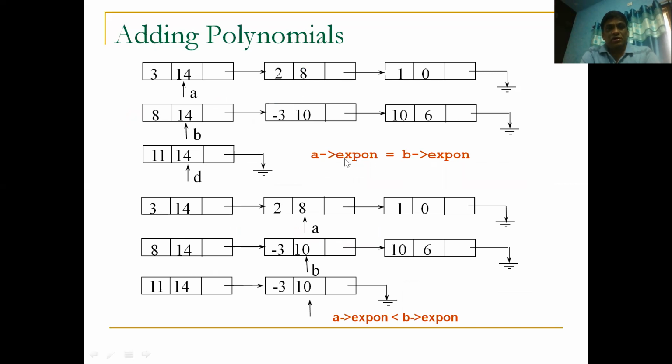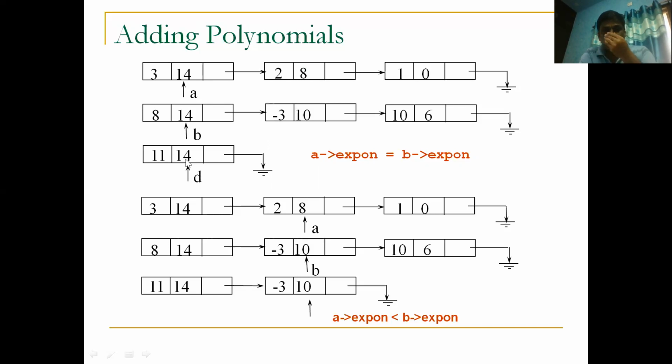Now we know that we need to handle three cases. Let us observe the first case. The first case is if the exponents are equal in the terms. So if you observe this, 3x power 14, 8x power 14, that means exponents are equal in this case. Then what we do is we add up the coefficients, that is 3 plus 8 is equal to 11, and 14 comes as it is.